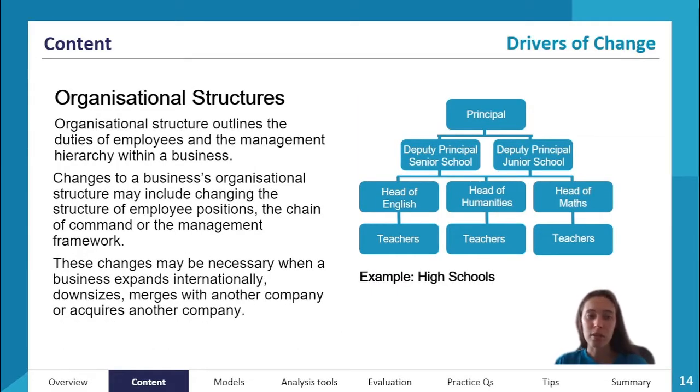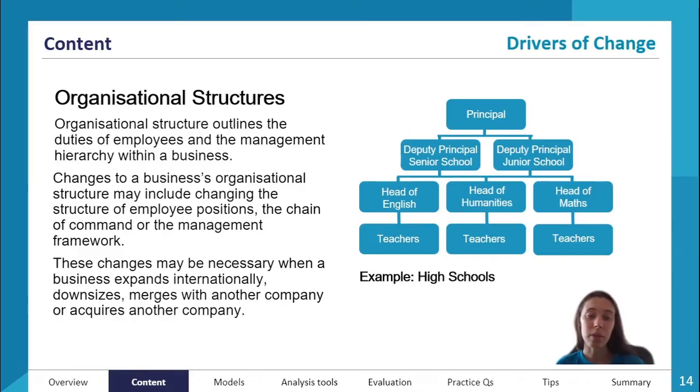Organizational structures. And a great example that you can think of here to help you understand what this means is just thinking about the structure of your high school in terms of the different employees. So organizational structure is outlining the duties of employees and the management hierarchy within a business. Thinking about hierarchy is a good way of remembering this.